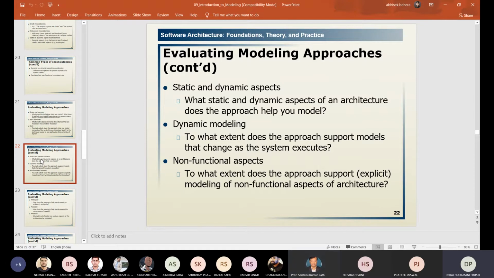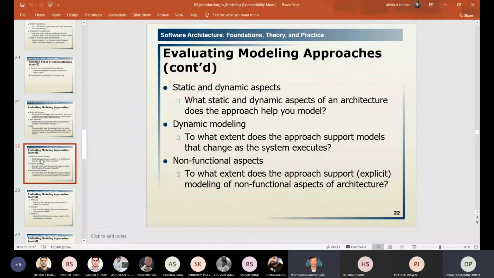And what are the conflicts you are facing with the static and dynamic aspects? Like I told earlier, the topology. Although topology is a static aspect, sometimes while the system is running, it will change its topological behavior.